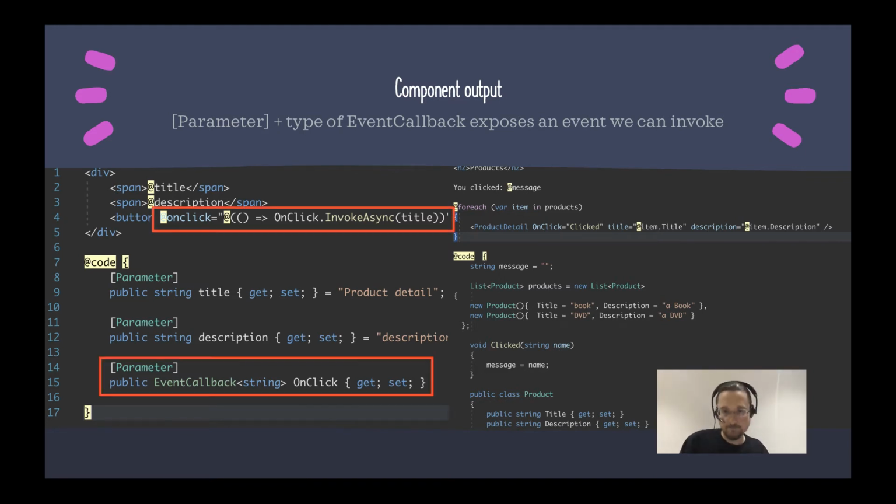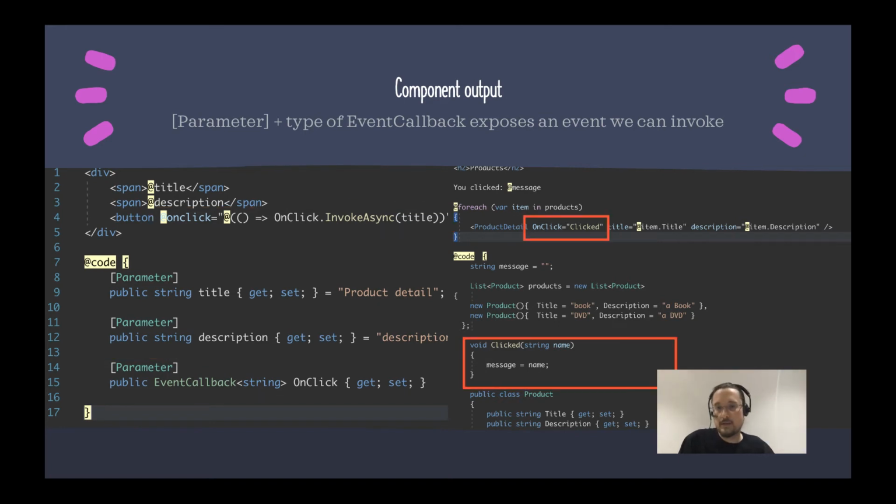So here on the left, we see that we have a click event in a child component, and we also see that we have an event callback that calls invoke async with some kind of payload, in this case a title. And in the parent component, this ends up being captured. So the parent component says, if this click event occurs, I need to care because someone has changed this component for me.